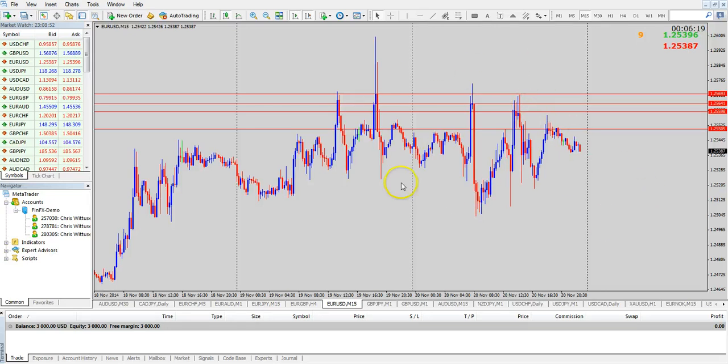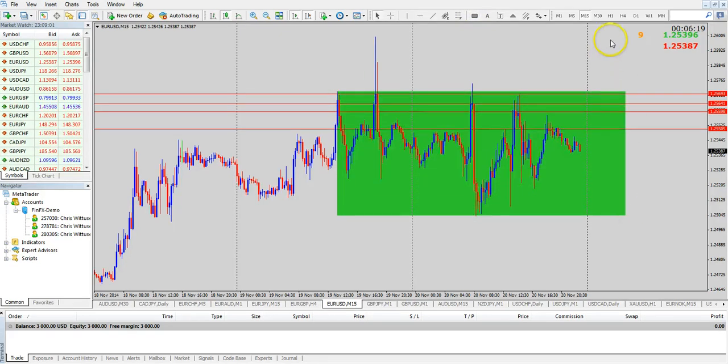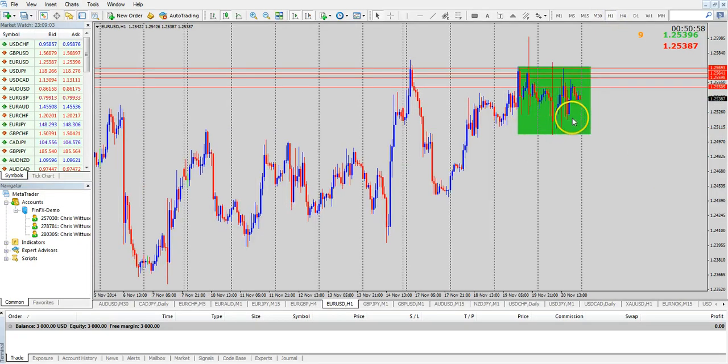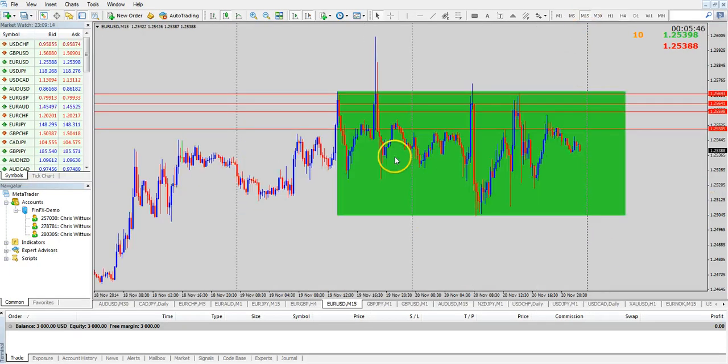This picture here, if you paint this breakout box here, it's going to sit pretty well on an hour, 4 hours, right? When it breaks outside this box, take the trade if you have a confirmation candle.